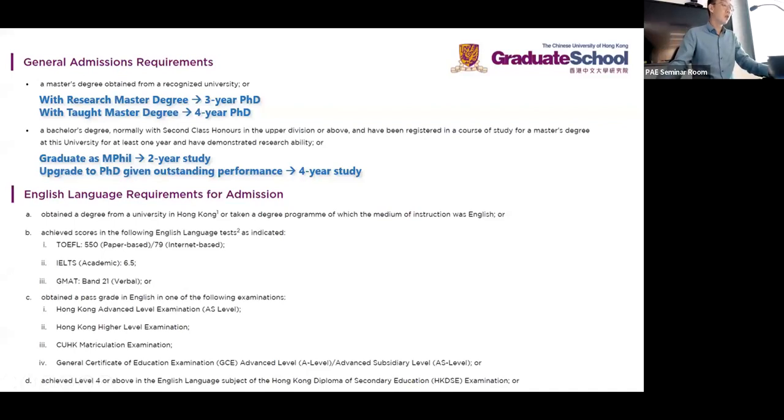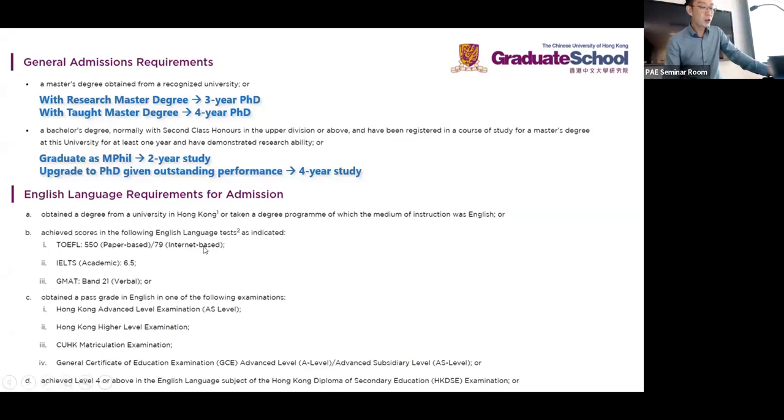One option is that when you are good enough during your first year of master study, there are mechanisms to transfer the candidacy from MPhil to PhD. In this sense, it is a total of 4 years to complete a PhD: 1 year MPhil and 3 years PhD.